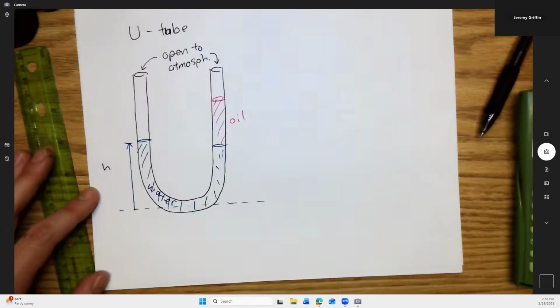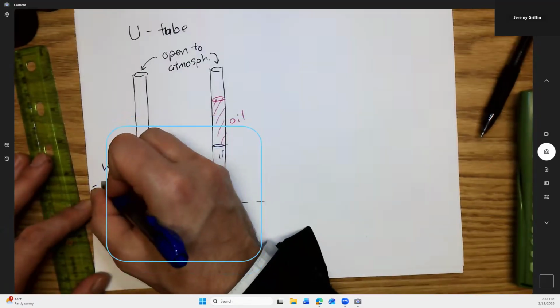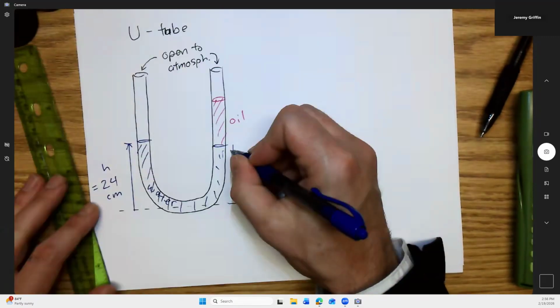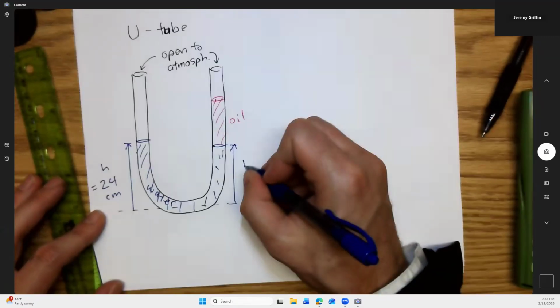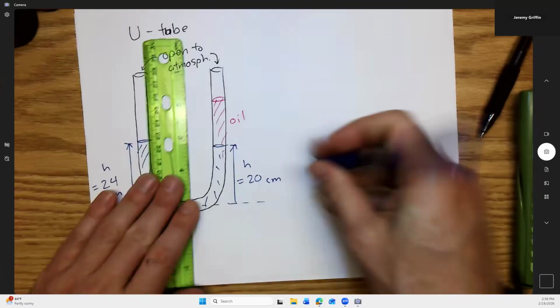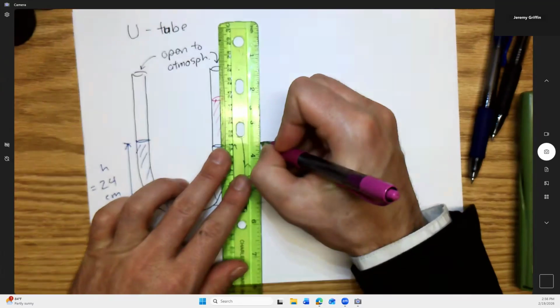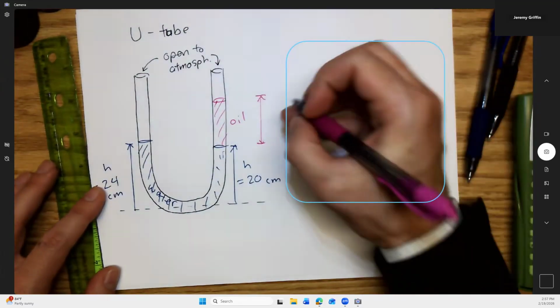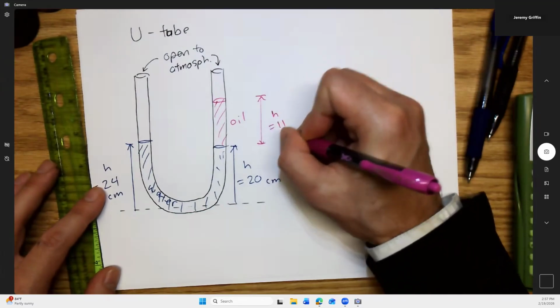What if this height right here is 24 centimeters? This height is like 20 centimeters. And this oil has a height of about 11 centimeters.